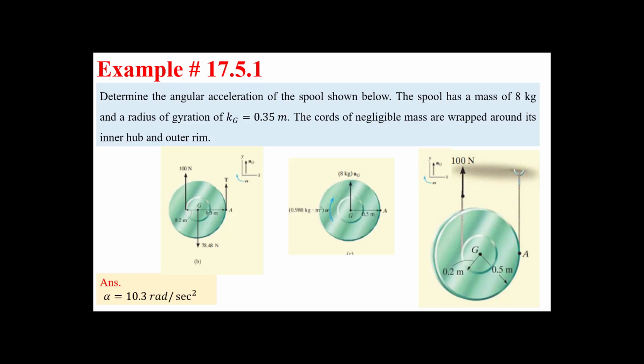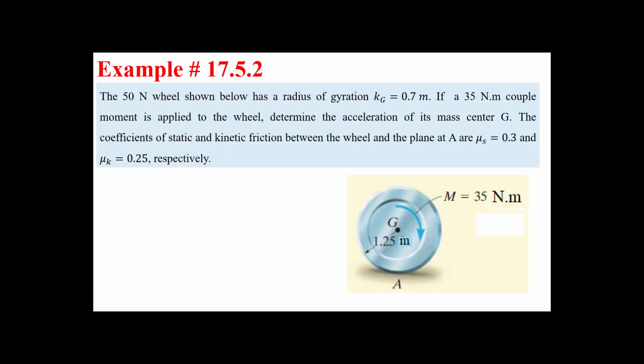Okay, let's see another problem. Here the 50 Newton wheel shown below has a radius of gyration. Again we have the radius of gyration for this wheel, so we can go directly and find the mass moment of inertia.